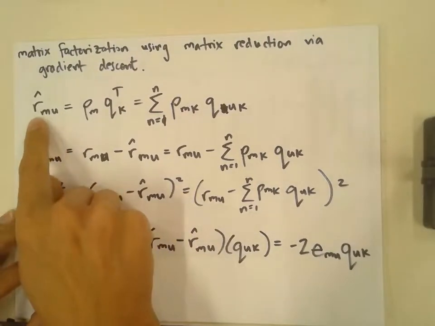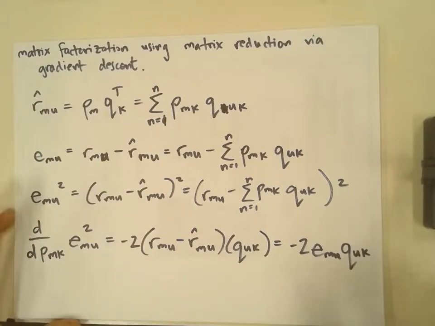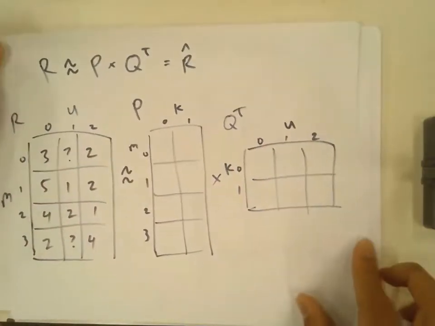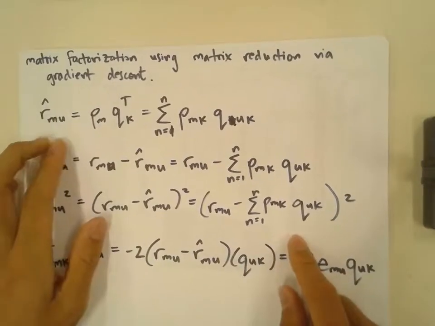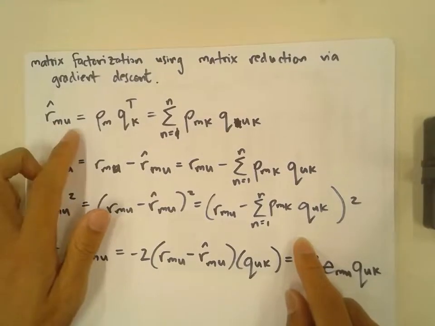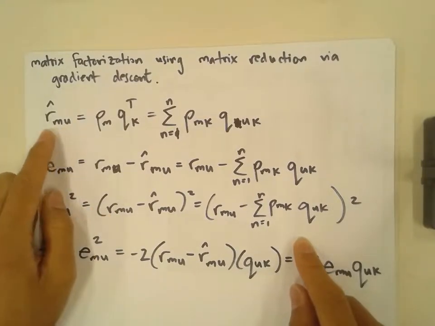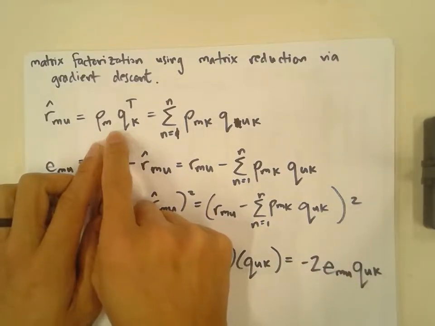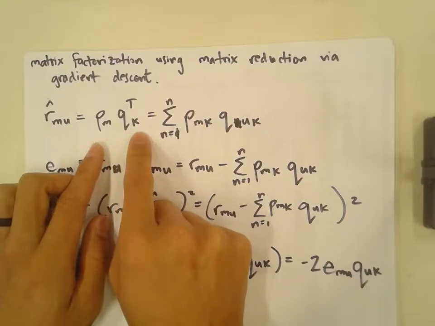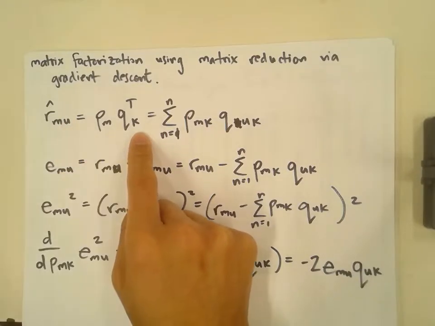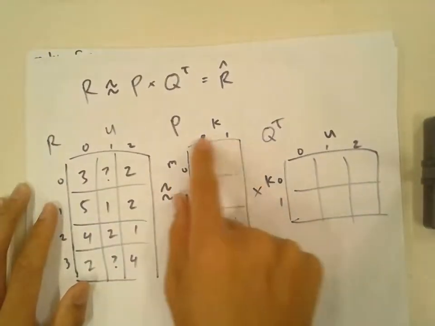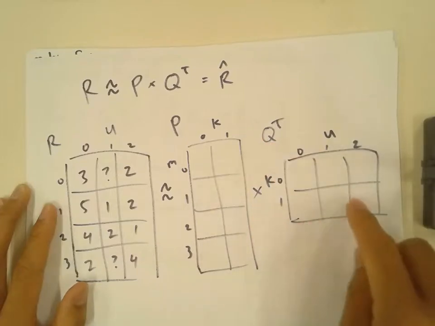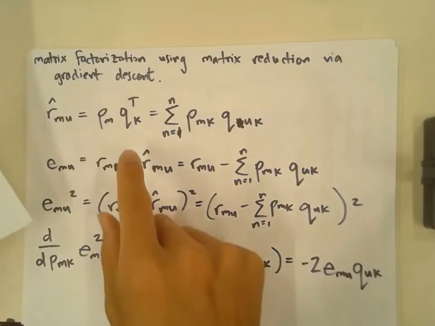So R hat would be, let's assume, the matrix that is the result of multiplying P and Q, that is approximating R. And so what we can say is R of m,u, an element in the resulting matrix, is equal to P m times Q u transposed. And P m, if you look here, would be this entire row, cross product with Q u, which would be this entire row.